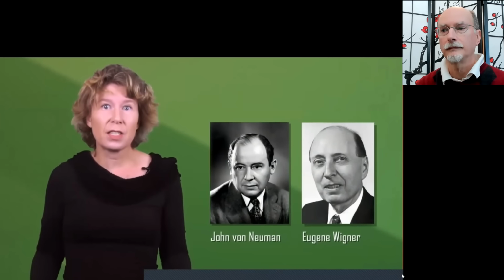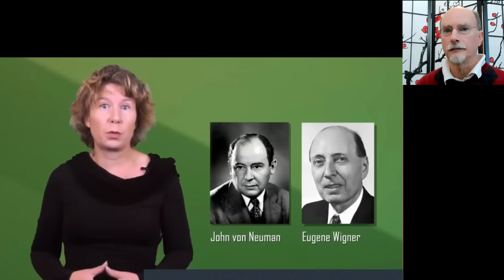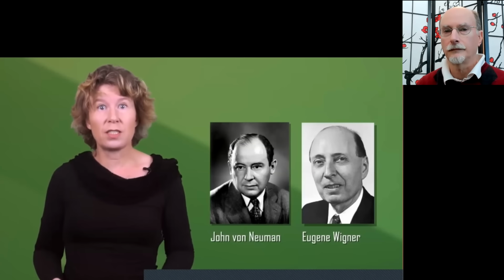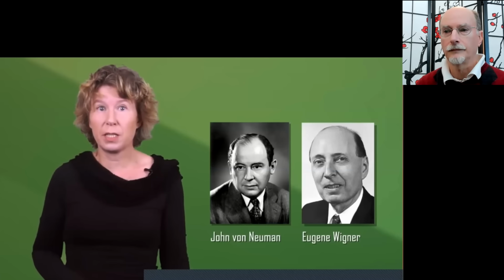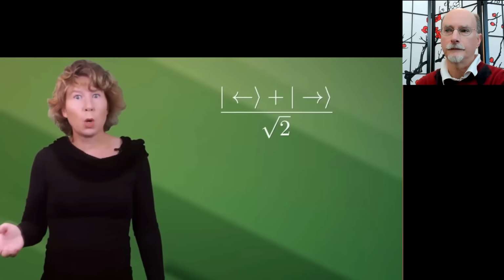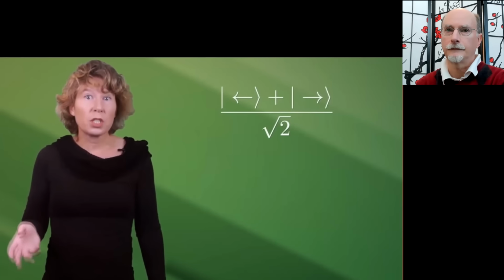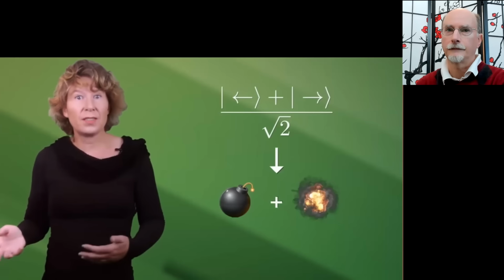Why did some physicists like von Neumann and Wigner think that consciousness is necessary to make sense of quantum mechanics? And can consciousness influence the outcome of a quantum experiment? That's what we'll talk about today. Von Neumann's argument was that a particle in a superposition can cause superpositions of the things it interacts with. This leads to superpositions of the entire measurement apparatus and everything that follows from that. Say you use the measurement outcome to decide whether to blow up a bomb or not. Then you get a superposition of a bomb that's blown up and one that didn't.